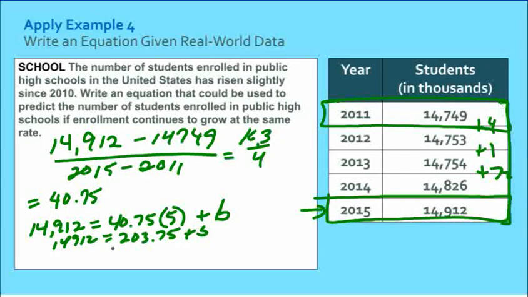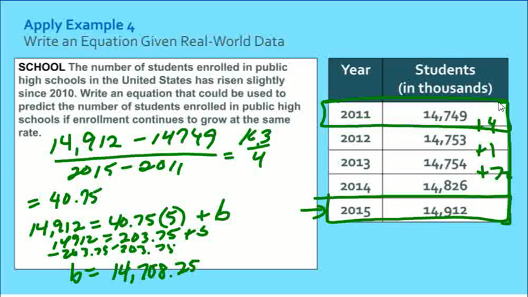To find the starting point, I would subtract 203.75. 14,912 minus 203.75, we would have a starting enrollment of about 14,708.25 in the year 2010.